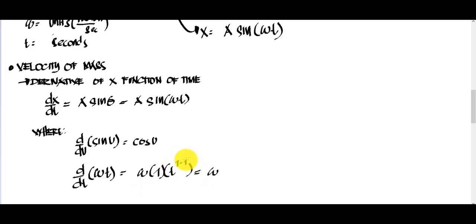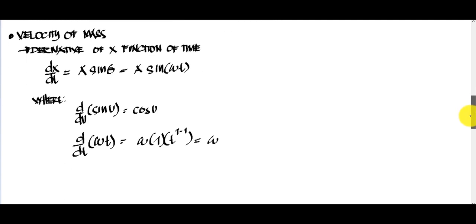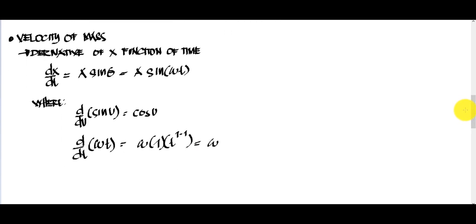So we have 1 multiplied with the angular velocity, which is just the angular velocity. Now, we do the derivative by chain rule.